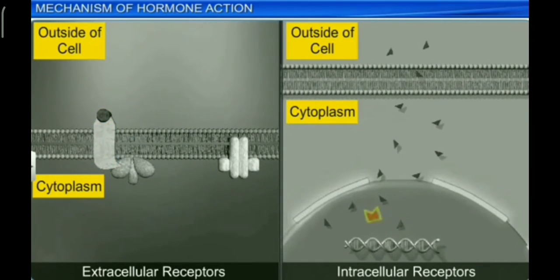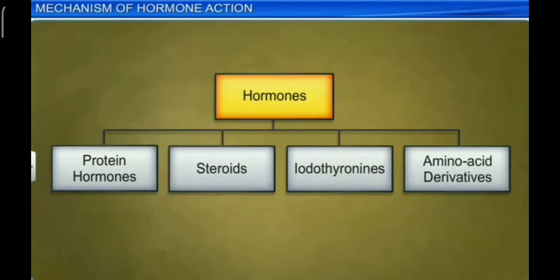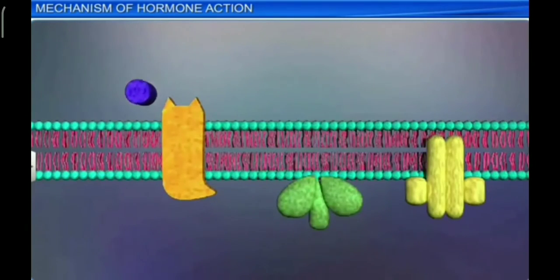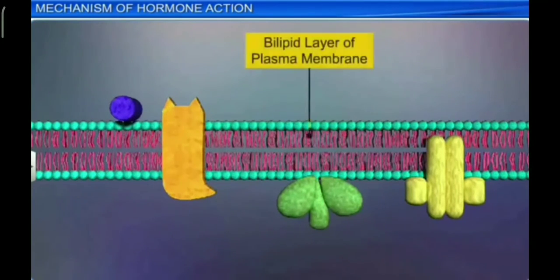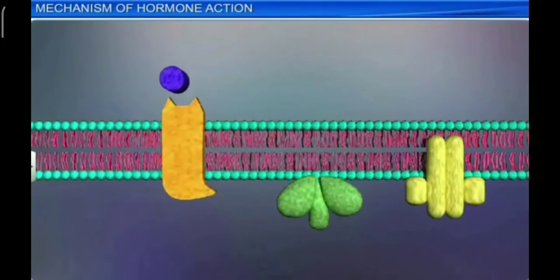Now, mode of hormone action through membrane receptors. Hormones like catecholamines, peptide and polypeptide hormones are not lipid soluble. Therefore, they cannot enter their target cell through plasma membrane. Now, these non-steroid water-soluble hormones interact with surface receptors.